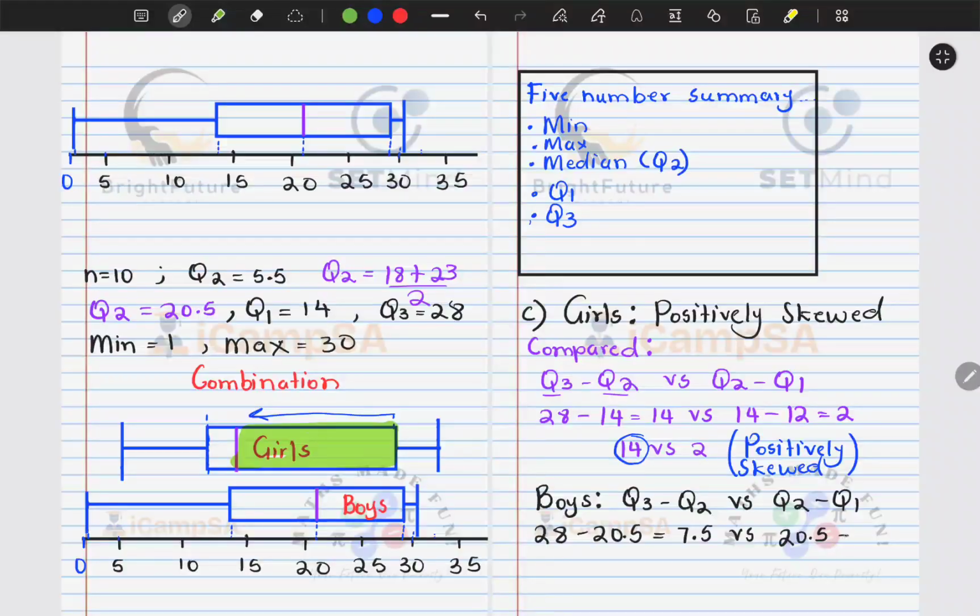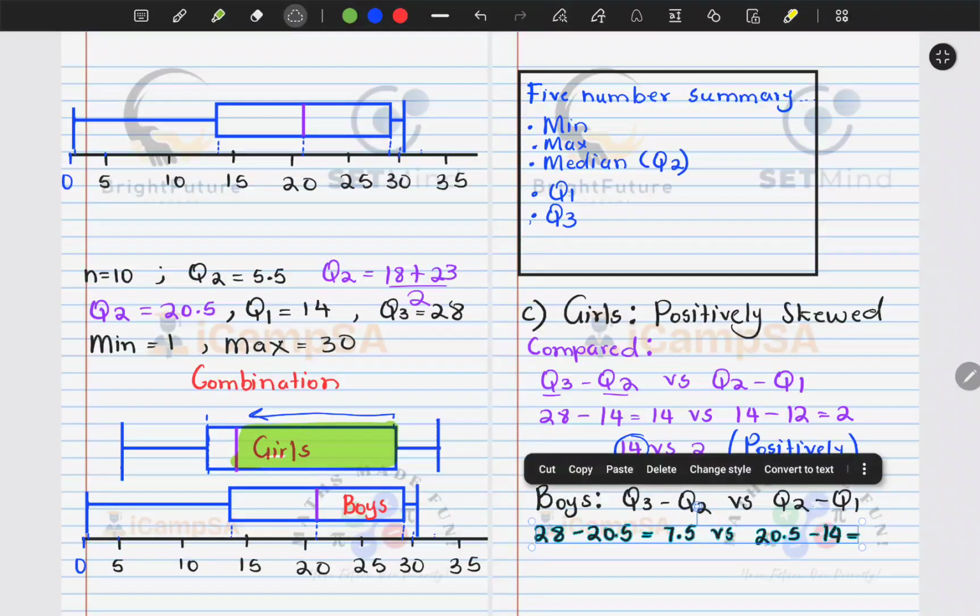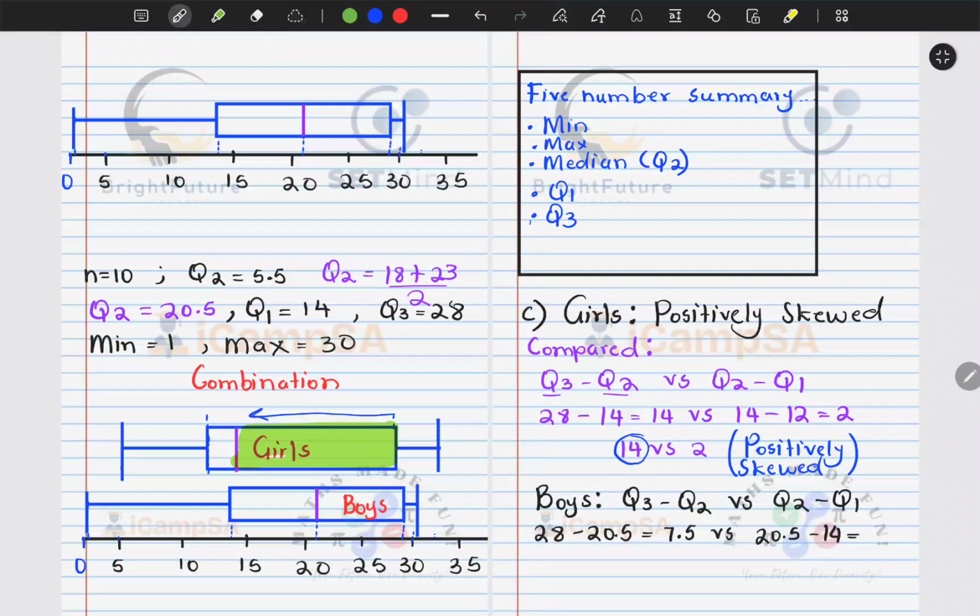If you observe carefully, Q1 is 14, so you have 20.5 minus 14 and that becomes 6.5. And if you look at this, guys, according to it, you would easily conclude that this is going to be positively skewed. But with this approach, there's usually problems that one encounters.